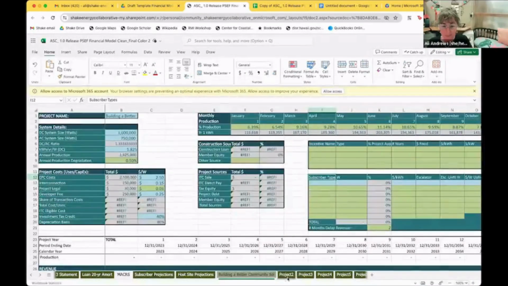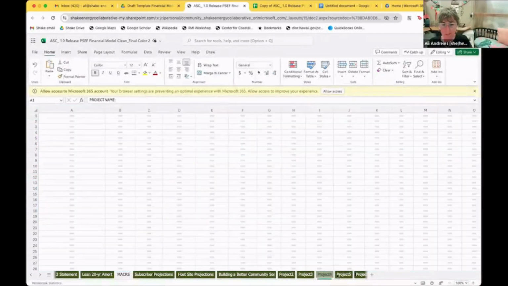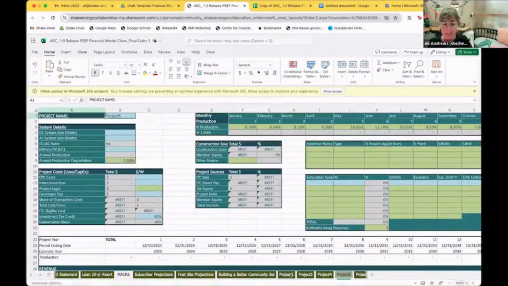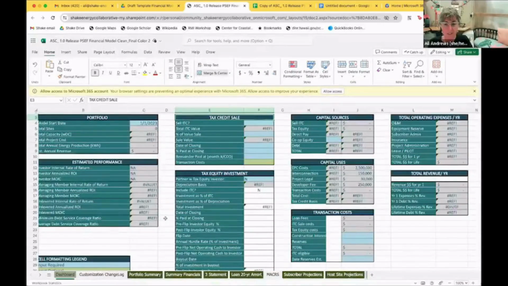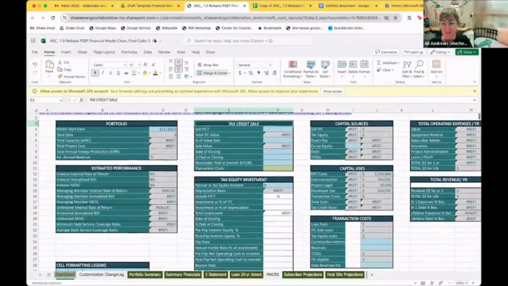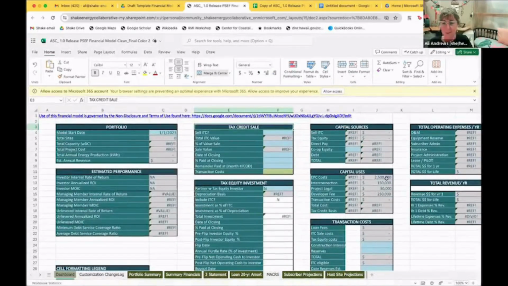There are more tabs. All of these tabs are fillable, and they continue to populate the rest of the dashboard as you fill in all of them. Let's see, did our dashboard change much at all? No, it did not change much because we still have a lot more information to fill in, but you can see our capital uses have started to fill in here.